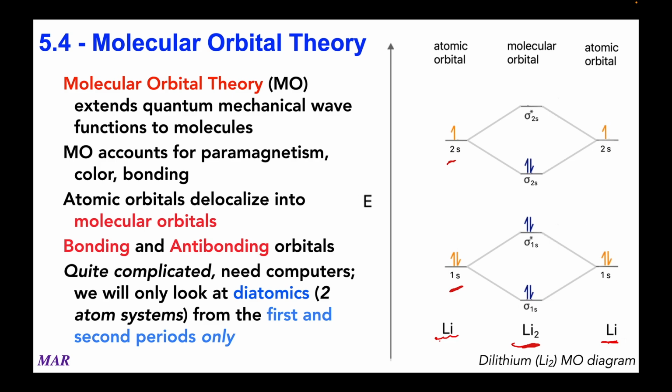For example, NH3, ammonia, and H2O have too many atoms. We won't look at them, unfortunately. We're going to look just at simple diatomics, and also only atoms up to neon. So we'll look at things between hydrogen and neon, but we won't look, for example, at chlorine, Cl2, because that's third period, or bromine, or any of those examples.